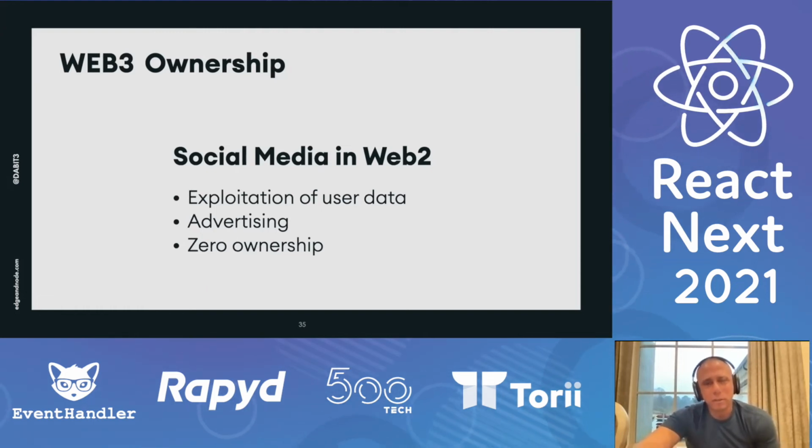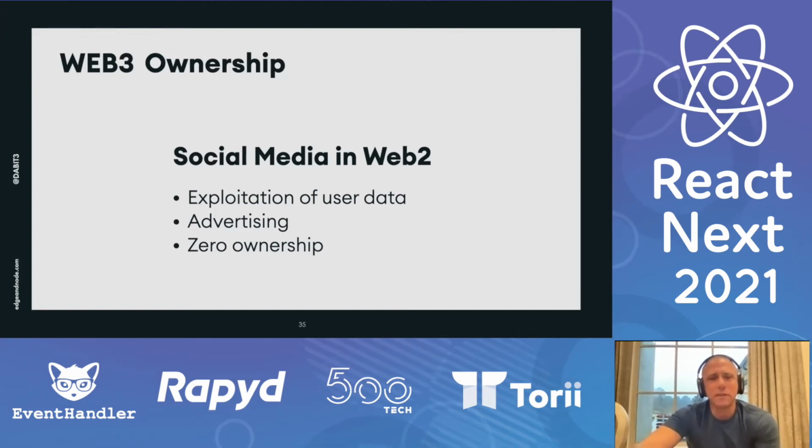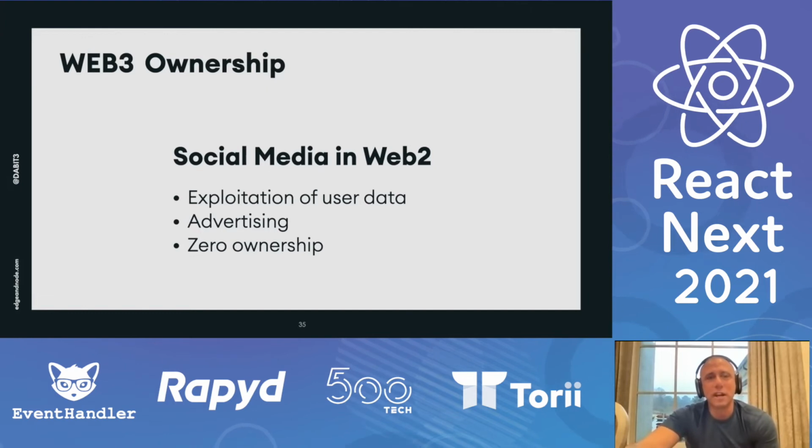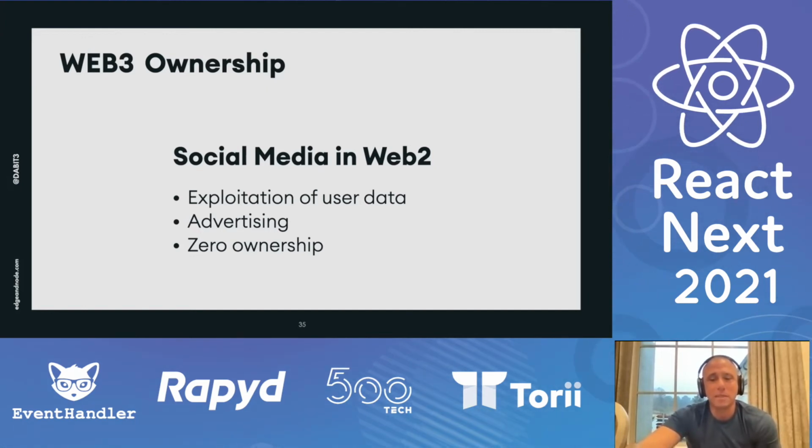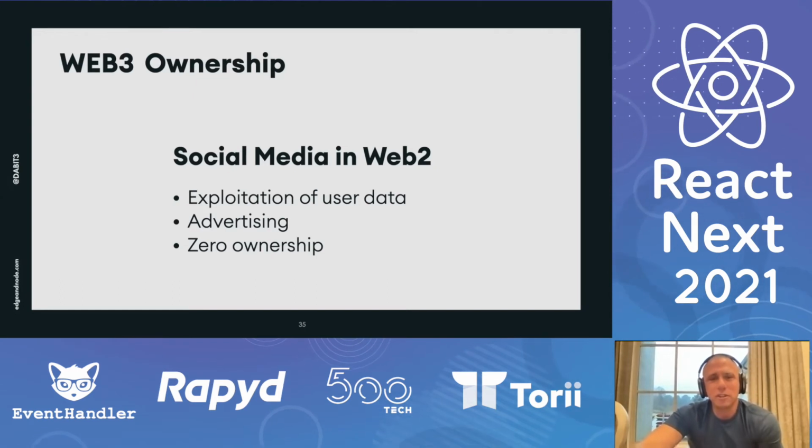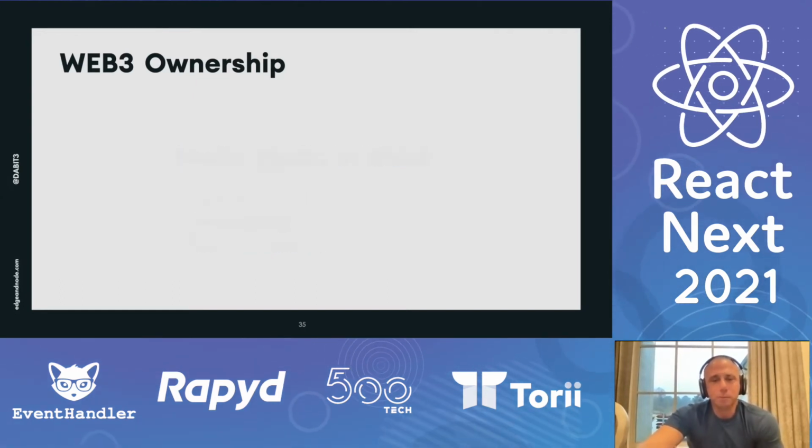I guess on YouTube, you might be able to sell ads or something like that. But on Twitter, Facebook, and most of these social media platforms, you don't. And even with the ones that do share, it's not a large portion of the income that's being brought in through advertising. But also, advertising is just a bad user experience. If I use YouTube these days, I spend a large portion of my time just skipping through ads.